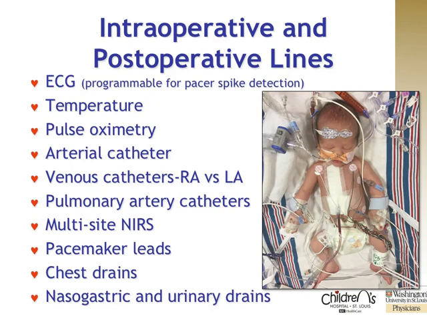On this slide, we list many of the monitors and lines that we use, and some of them are pretty obvious in how we use them: pulse oximetry, arterial catheters for monitoring continuous blood pressure and sampling labs, central venous catheters, pulmonary artery catheters.